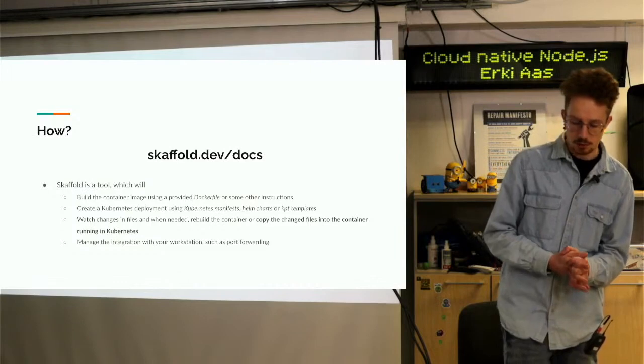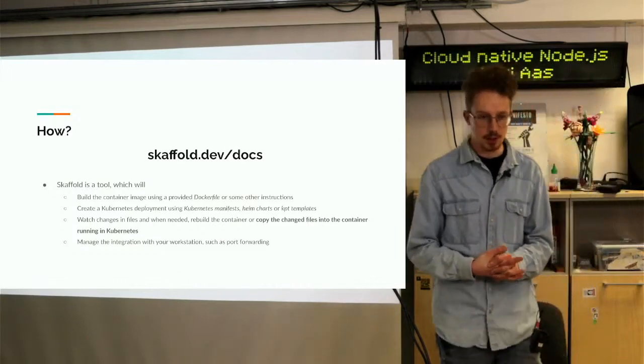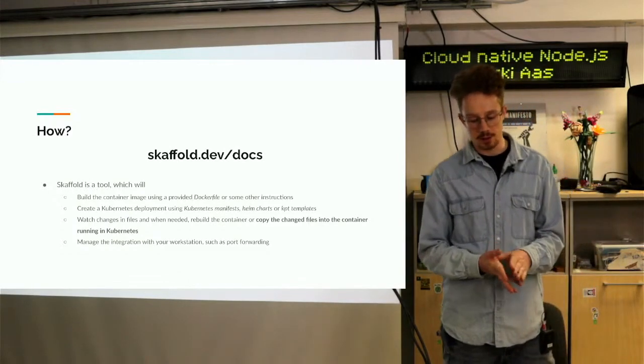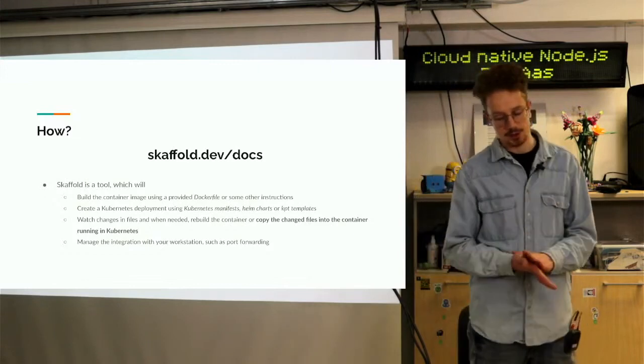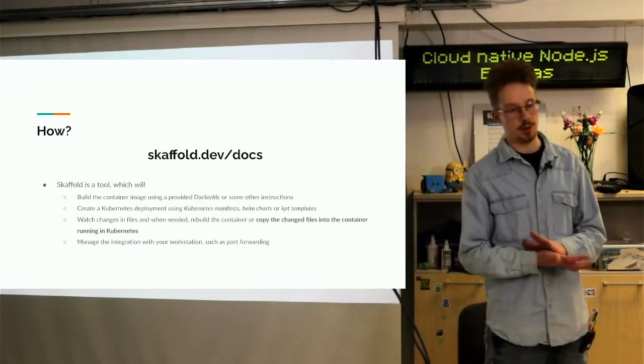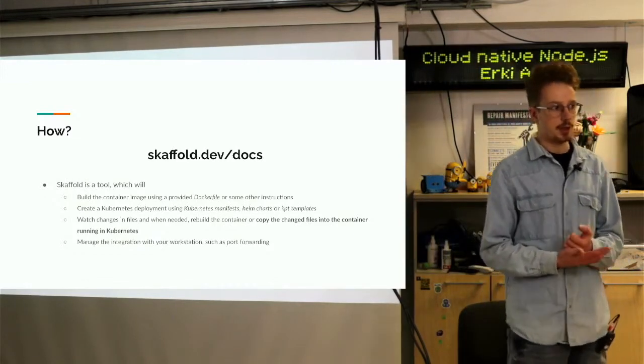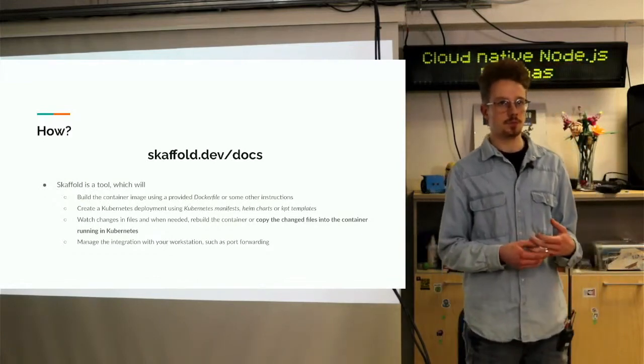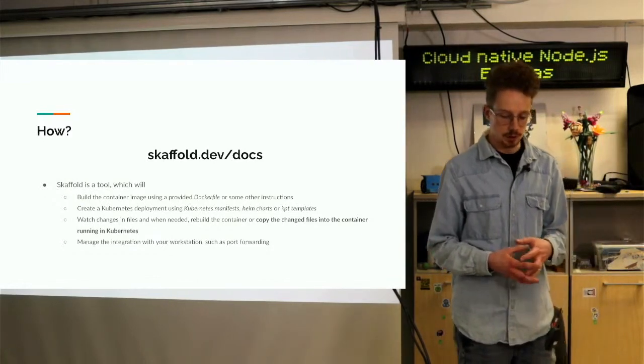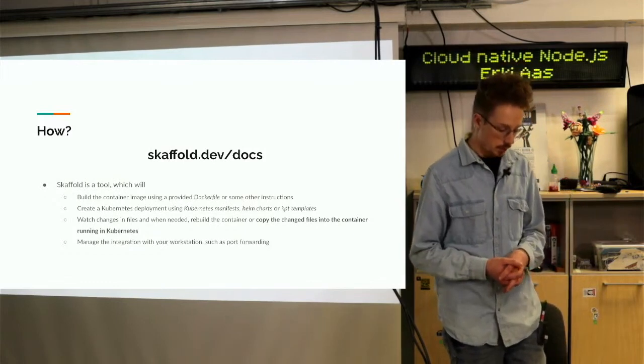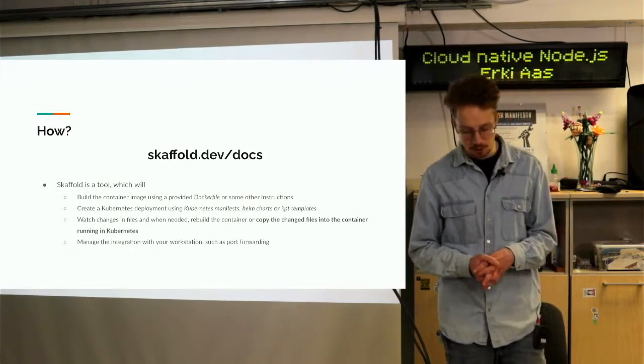It would watch changes in files, and when needed, either rebuild the container or copy the changed files into the container running in Kubernetes. That is, I'd say, the biggest good thing about this tool.